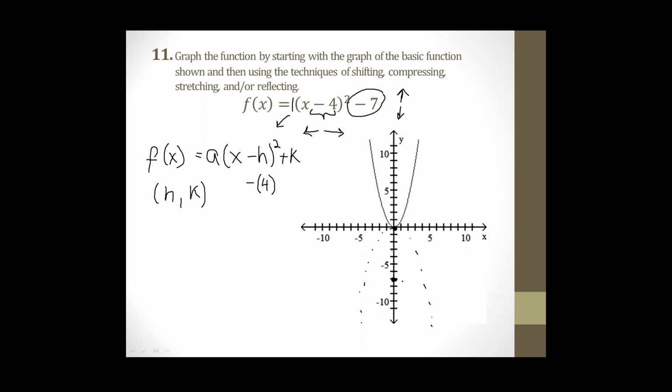So right here, 1, 2, 3, 4. My vertex of the parabola moved 4 units to the right. Remember, because the negative is part of the formula and does not belong to the actual h value, you have to move in the opposite direction, which means to the right. It's a positive 4. So now my parabola should look like this.